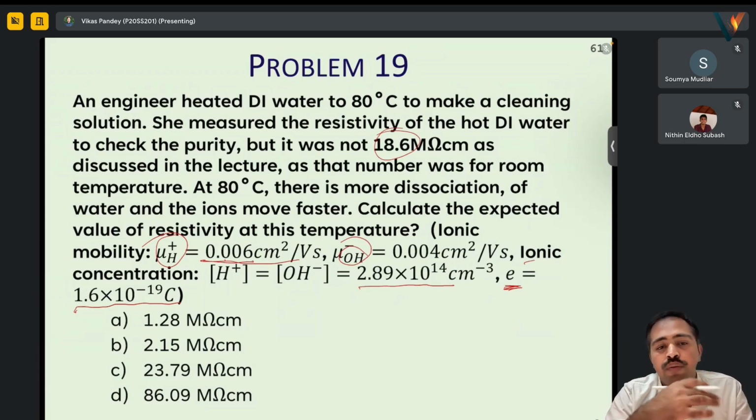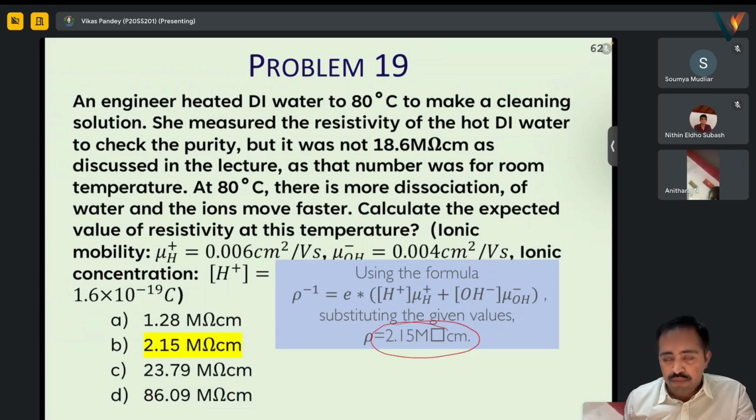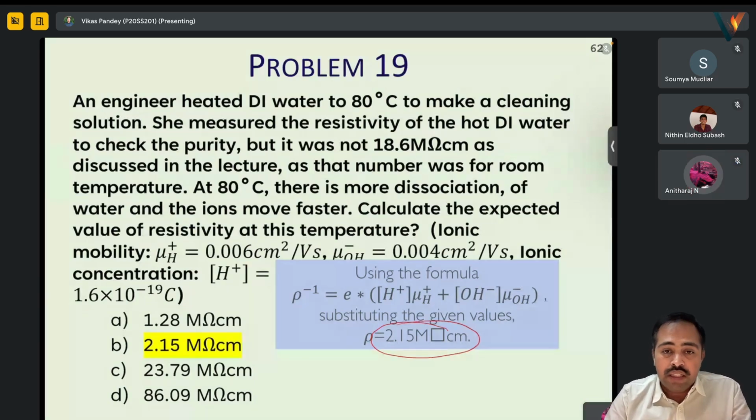And if you do the calculations, you will find it to be 2.15 mega ohm centimeter. Fine.